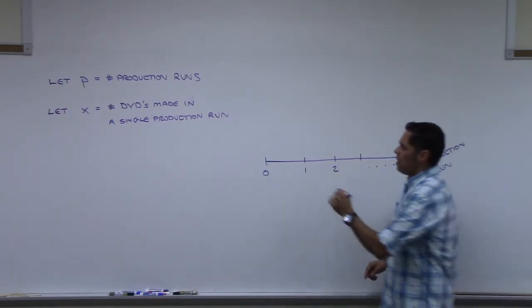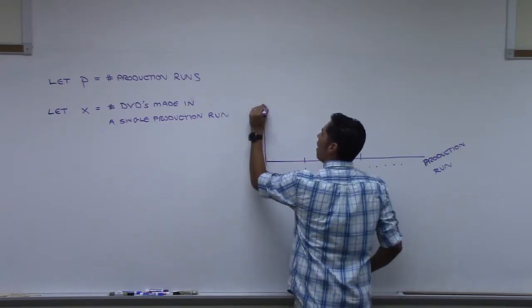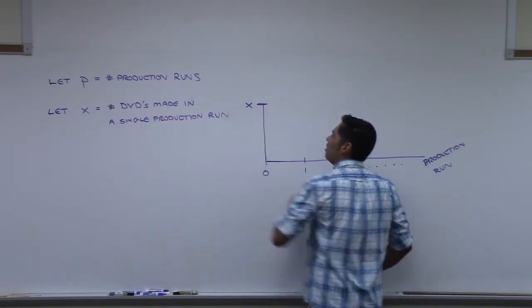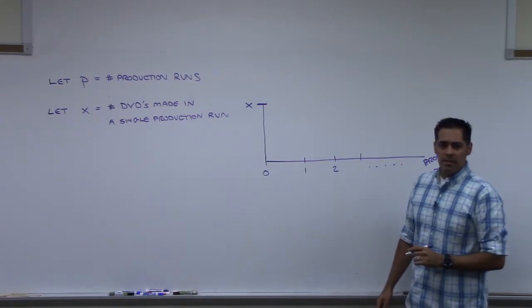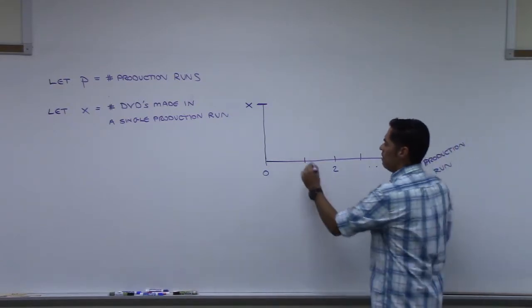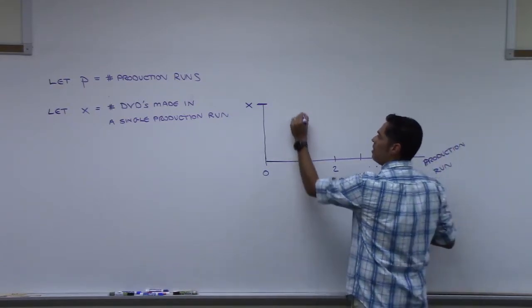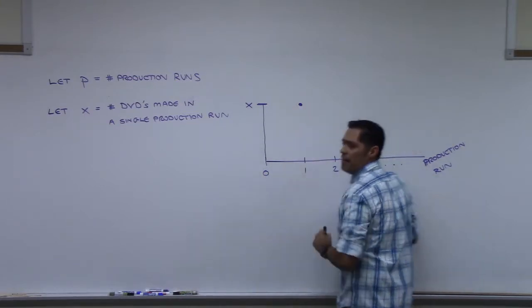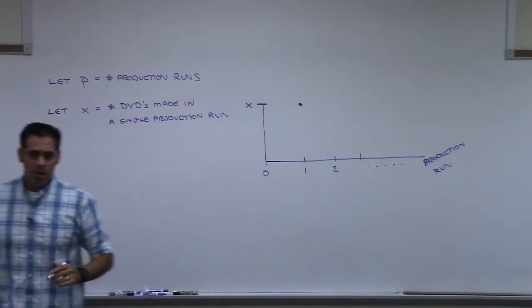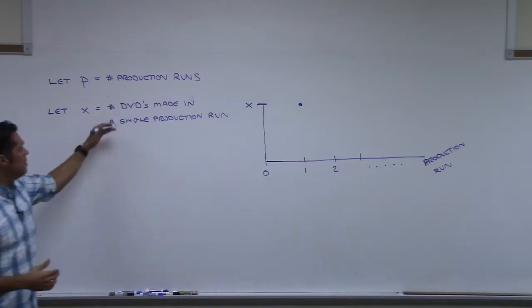On each production run, I'm going to make X DVDs. So when I do my first production run, this is how many DVDs I will have there, agreed? X. That's how many I'm going to make.